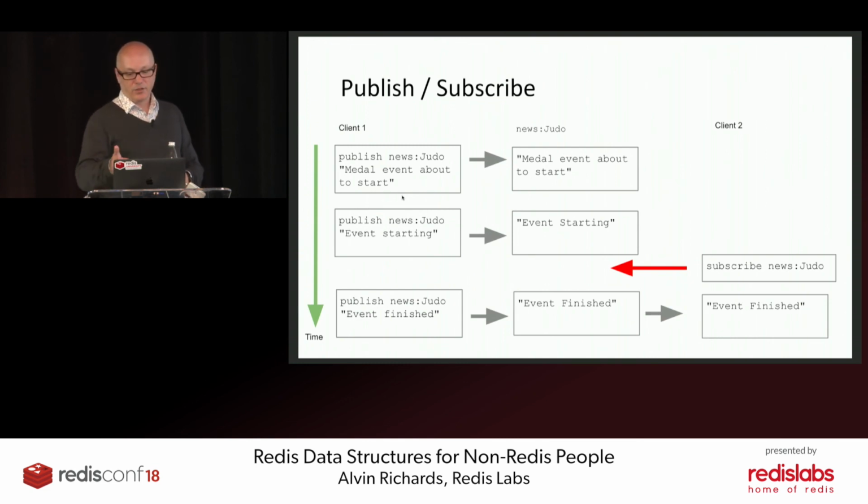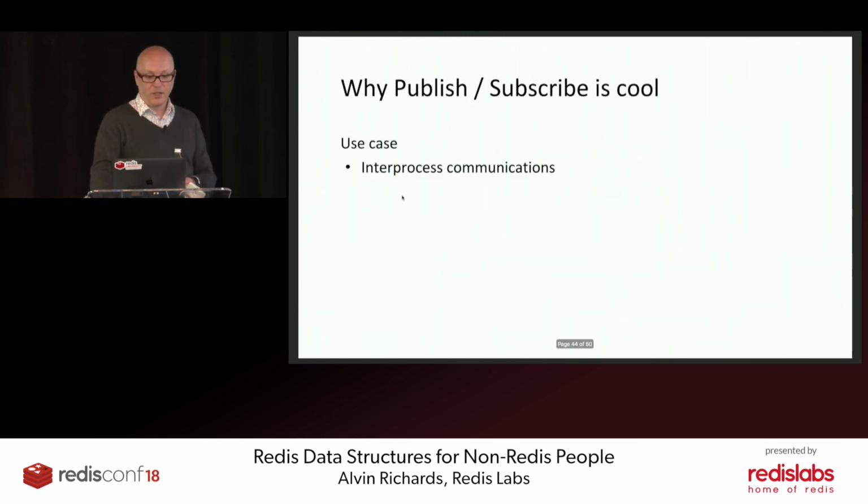And so you can see we're publishing a message, and as the new client comes on, the new client will see all the messages that are published after it subscribes. So it's only going to see this new event. It's not going to see the preceding events, for example. So why is it cool? As I said, inter-process communication.